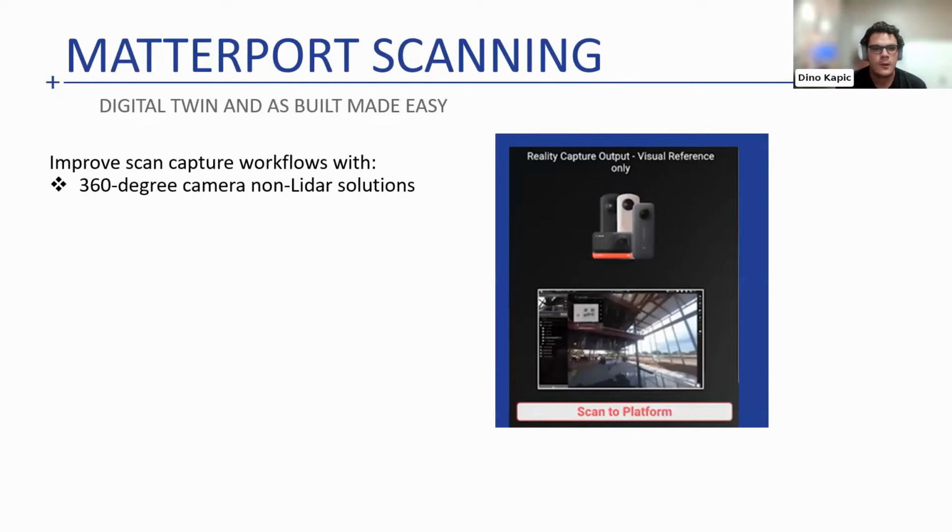Right, so beyond us talking about the intensity we want to use Matterport or reality capture in our construction workflow, we've also got multiple levels of technology we can use within that workflow. So the first one you can see there is our 360 cameras or non-LiDAR scanning methods.